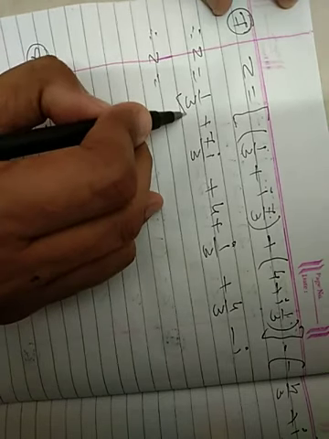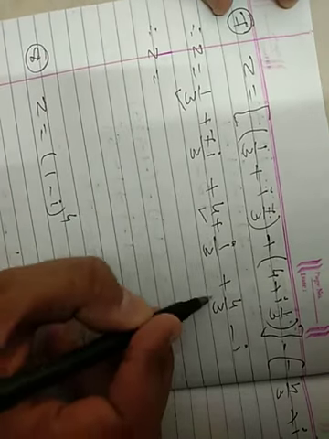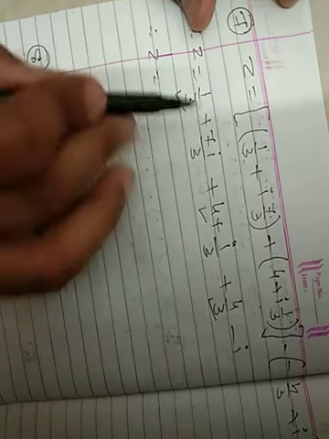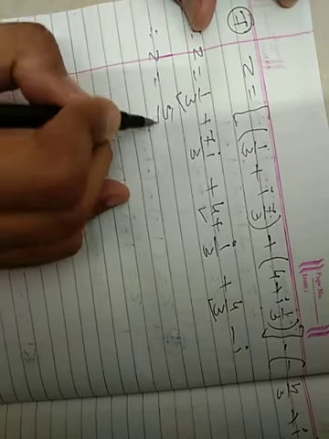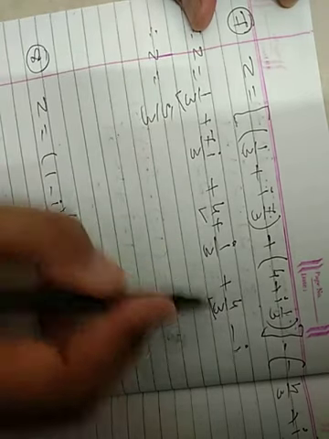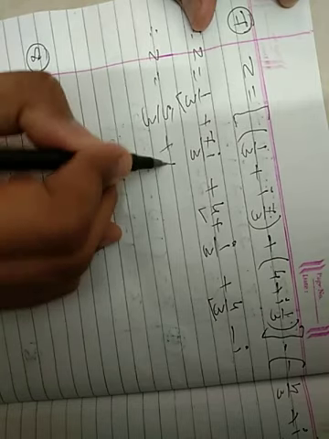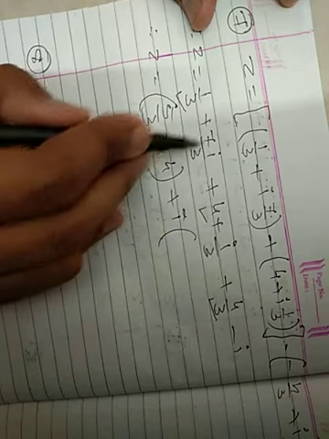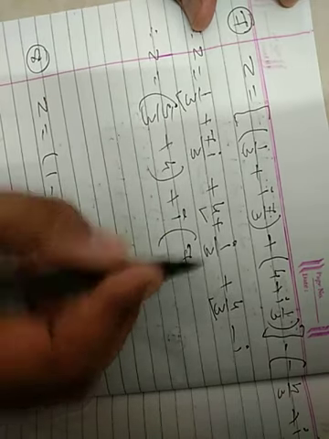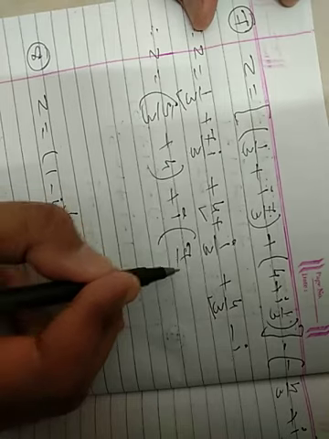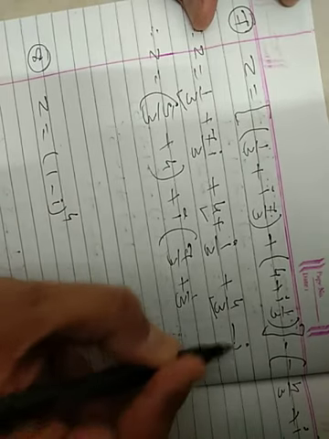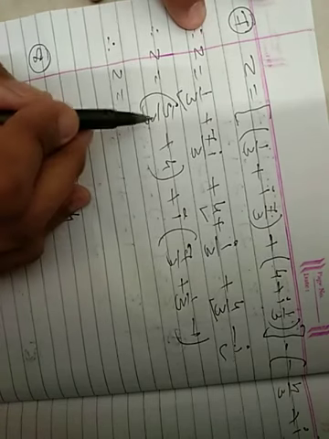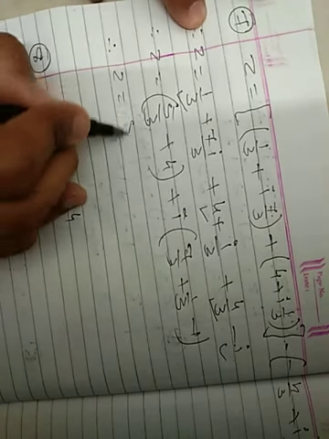Now let all real numbers together: 1 by 3, 4 and 4 by 3. 1 plus 4, 5 by 3. Real numbers are completed. Now imaginary numbers: i, 7 by 3 plus 1 by 3 and minus 1.